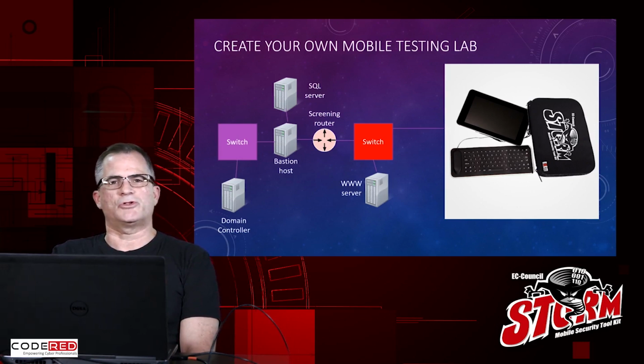The architecture I'm showing you here is an external type of threat. We can take the Storm device, plug it into an external switch, and have a router, either physical or virtual, depending on how you want to set it up. It's usually easiest to set up your own virtual machine, with IP tables running for the router or however you want to do it. Then a Bastion host. I like to use pfSense or Smoothwall. It doesn't matter what you pick, it's all the same concepts. Once you've done that, you add machines.